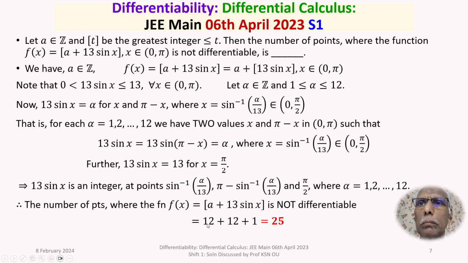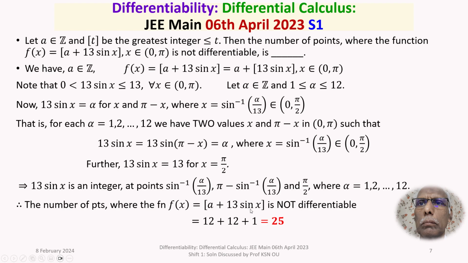They are 12 in 0 to pi by 2, 12 in pi by 2 to pi, and 1, that is x equal to pi by 2. In total, you have 25. So at 25 points, the function bracket 13 sin x takes integer values.